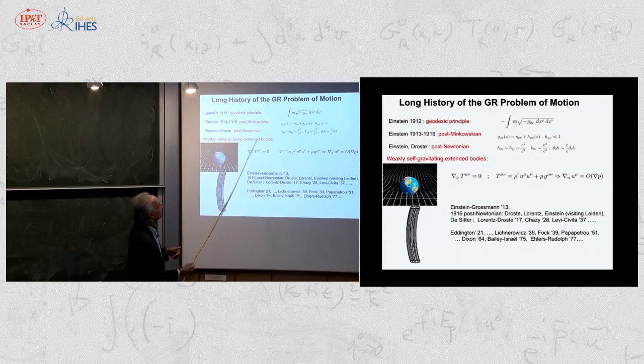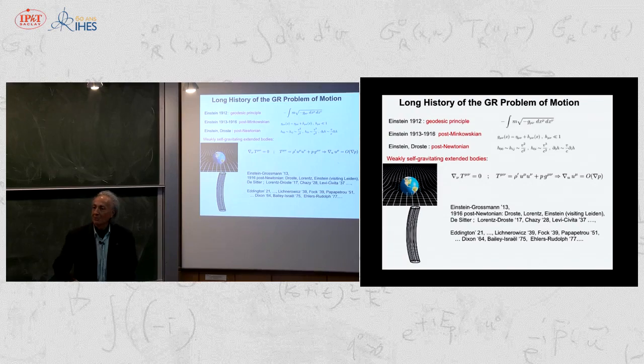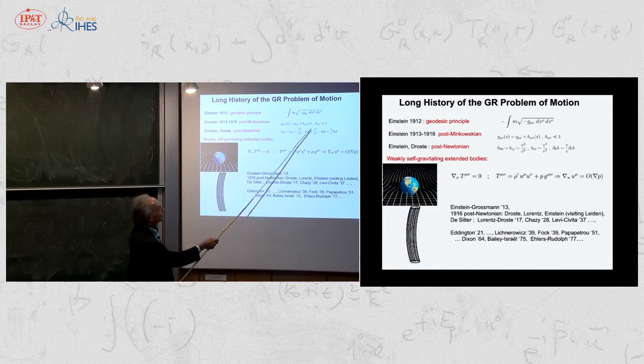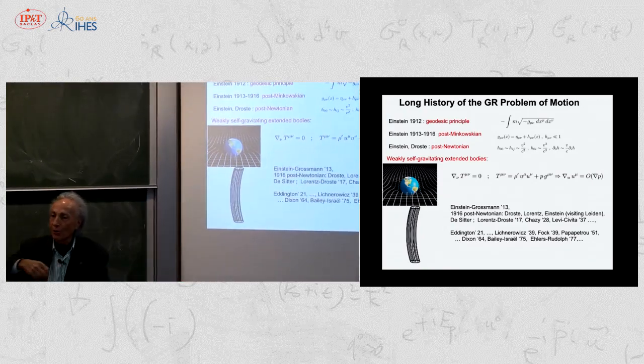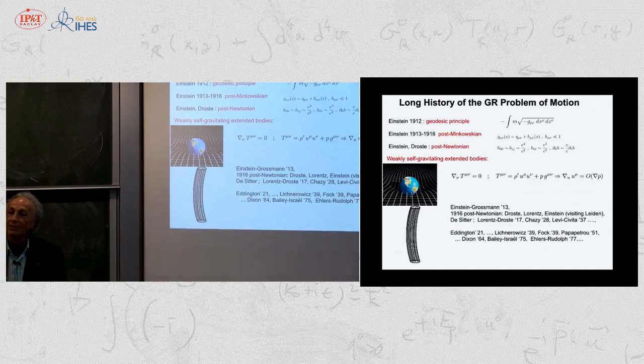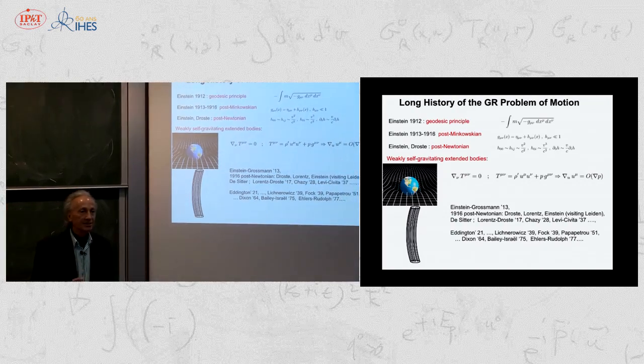In the post-Newtonian approximation method, which was introduced very early, you also use the fact that you have another small parameter, not only the gravitational field, which might be small, linked to G, Newton's constant, but v over c. If the source of the gravitational field is moving slowly, you can use this twice.